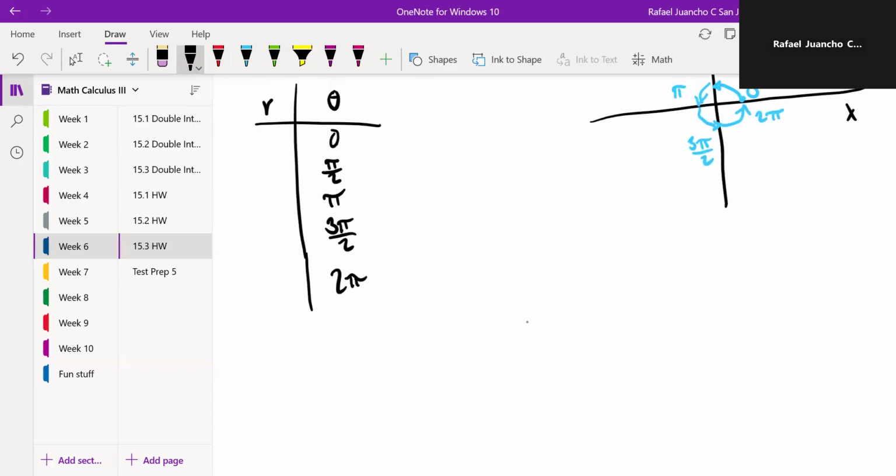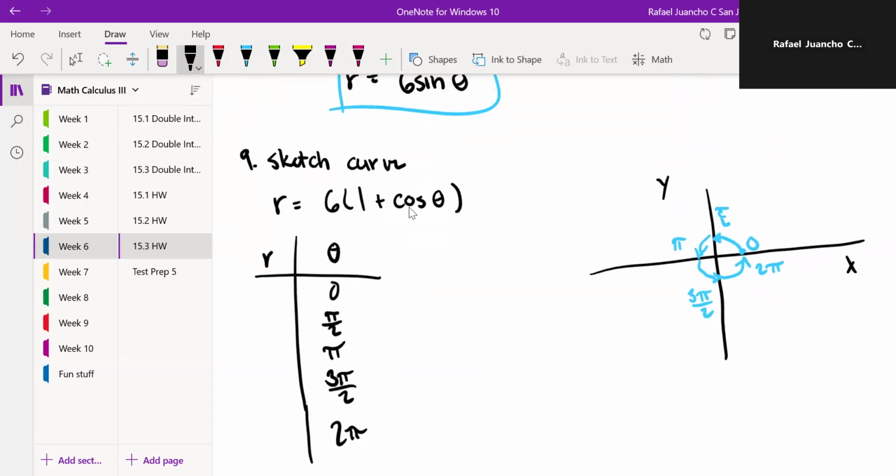And so what are the r values if we plug in 0? Cosine of 0 is 1. 1 plus 1 is 2. 6 times 2 is 12. So radius here is 12.